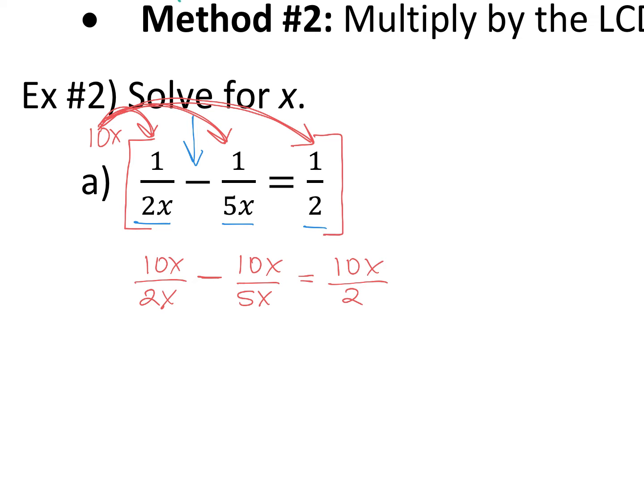Okay, now look how nicely this plays out. 10x over 2x is what? 5. Minus 10x over 5x is 2. Equals 10x over 2 is 5x. Isn't that such a nicer problem to work with?